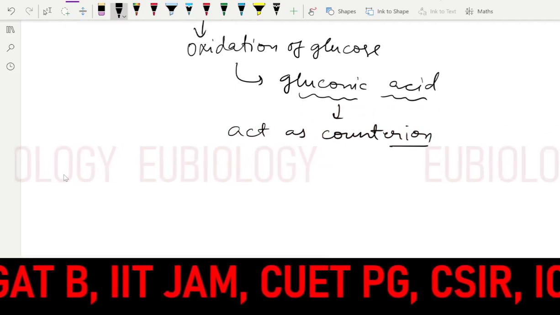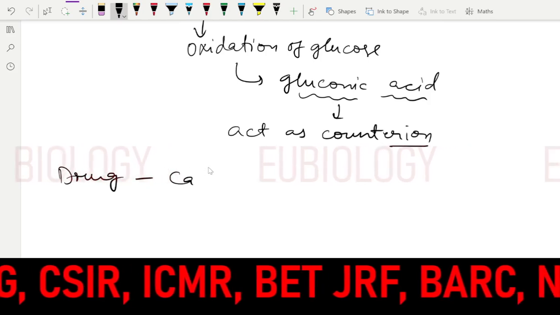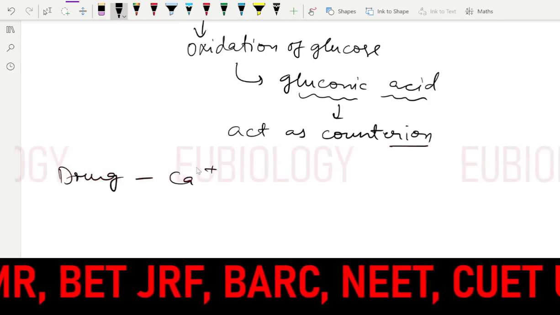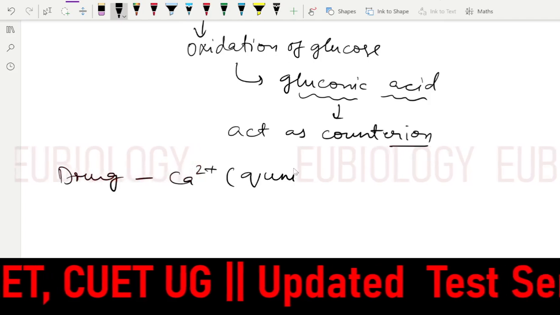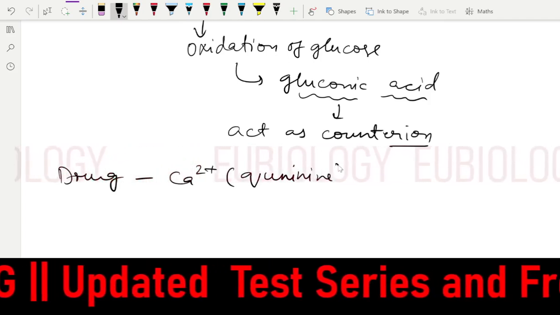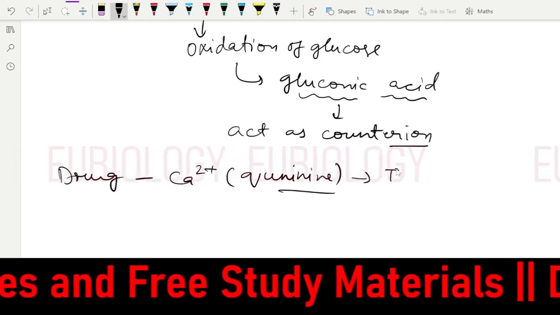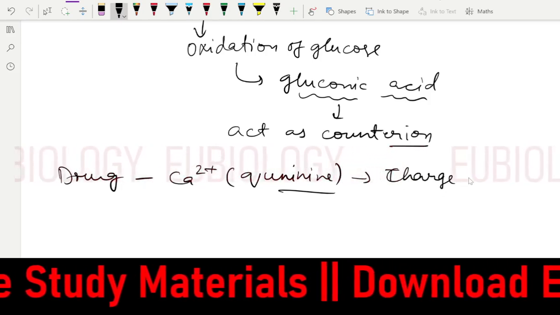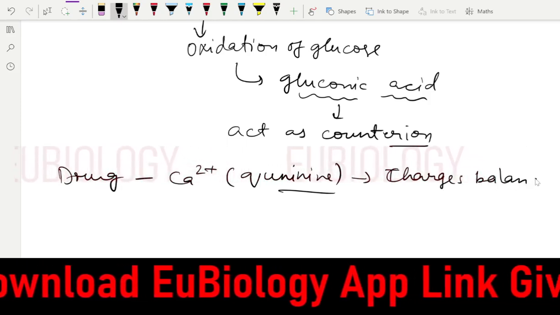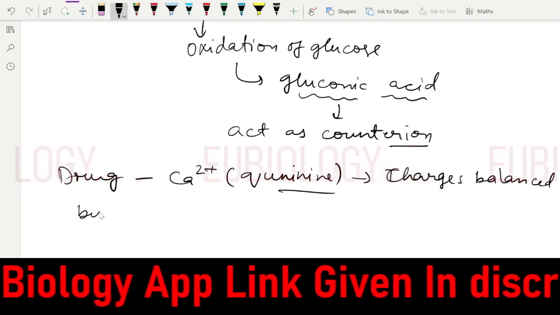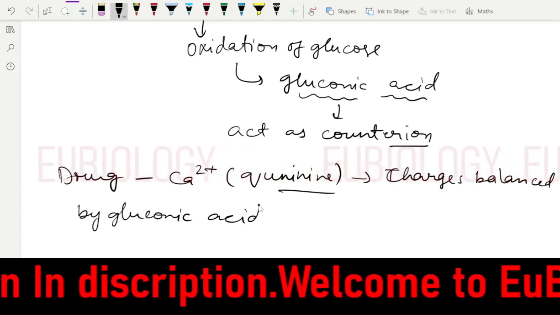So for the drugs also, there will be some charges, like calcium plus 2 in the case of quinone. So these charges have to be balanced. So the charge is balanced by gluconic acid.